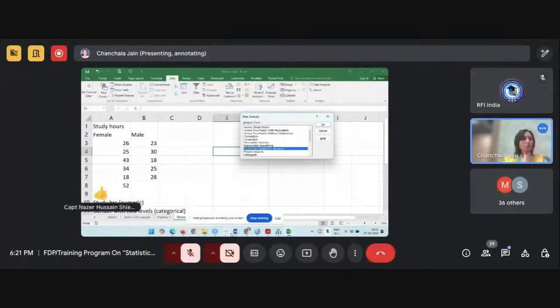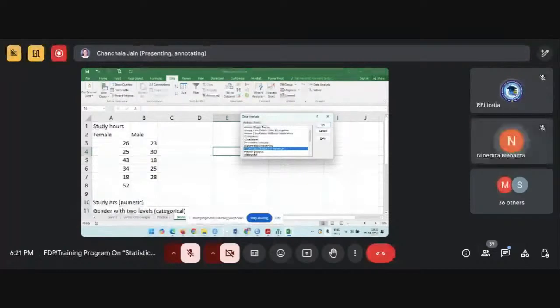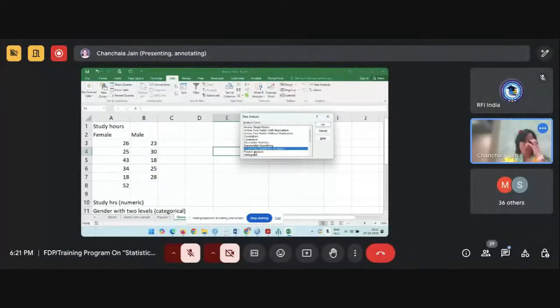So do I need to check this assumption, or do I need to directly go with the unequal variances? Anyone?